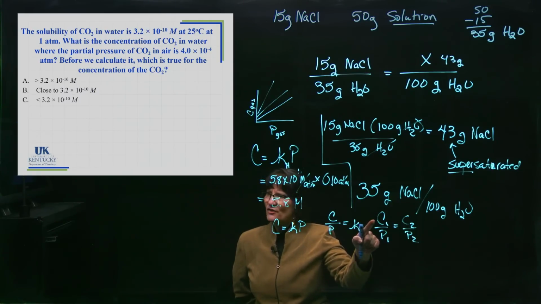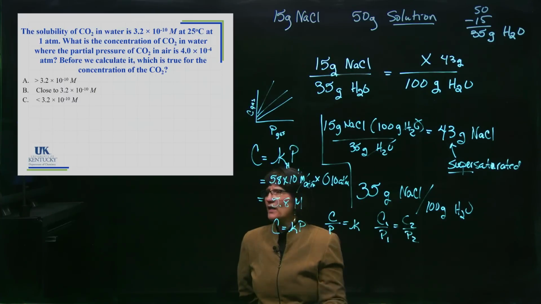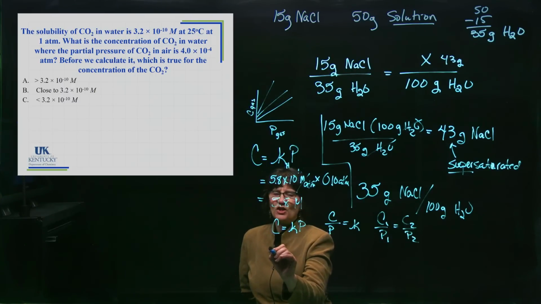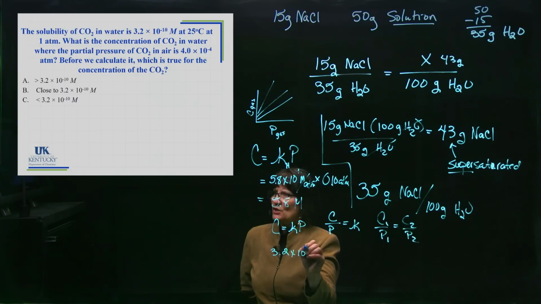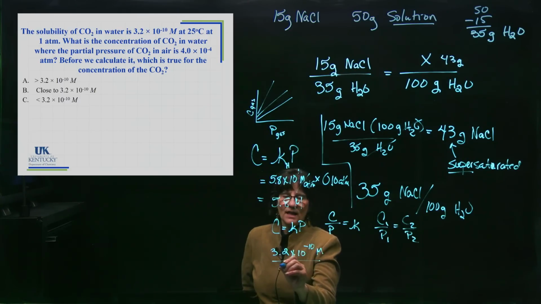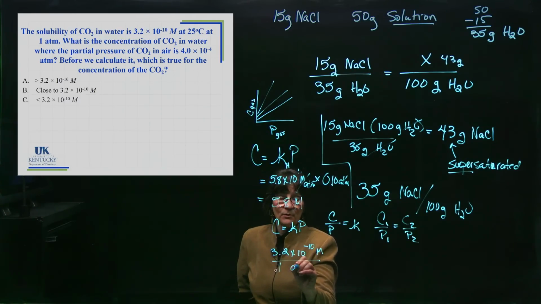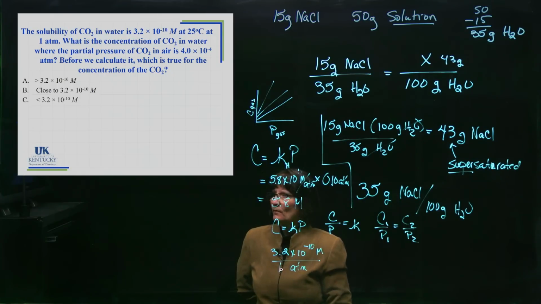We have the concentration and a pressure that we know. We know we have a concentration of 3.2 times 10 to the minus 2, and that is in units of molarity, if the pressure of the carbon dioxide gas in this example is 1 atmosphere.